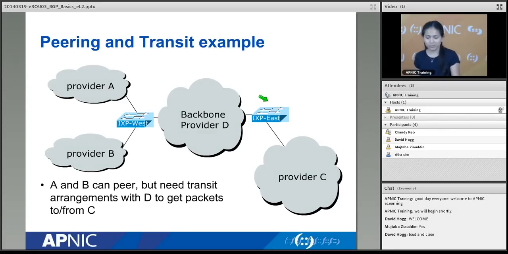This is peering, this is not transit. However, if you have traffic that goes between these IXPs and there is no other way to connect them but through provider D, then that is considered transit. A and B are peering with each other, but they both need transit for any traffic that goes to provider C.